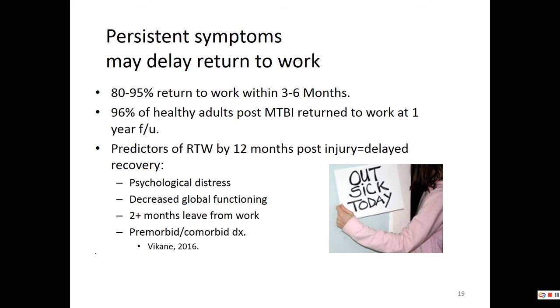Family stress, marital stress, financial stress. How is that all playing into their recovery and how they're able to cope and be resilient as they heal? Decreased global functioning. So if they have a lot of symptoms where their symptoms are impacting every aspect of their daily function, they're going to have a protracted recovery and delayed return to work.